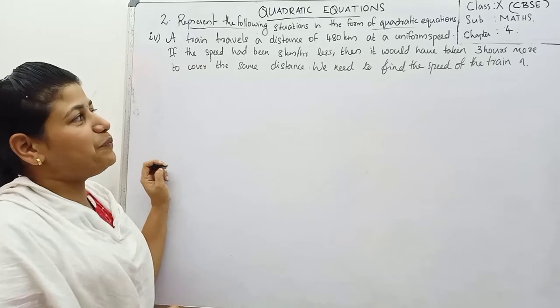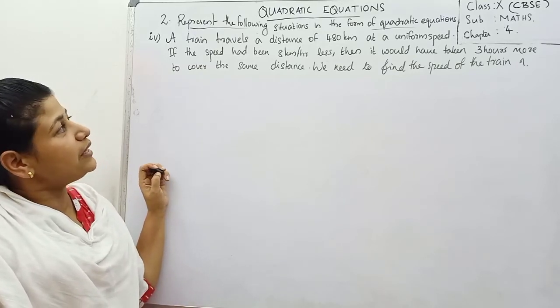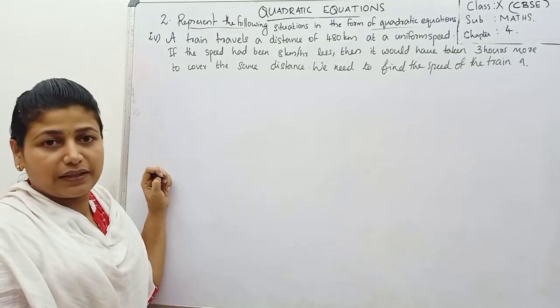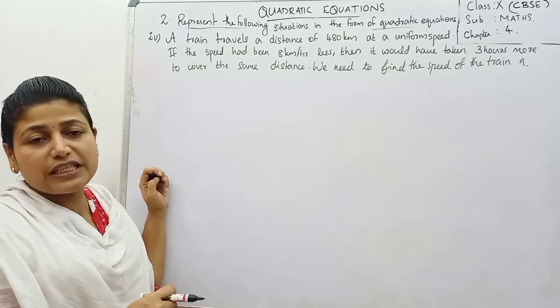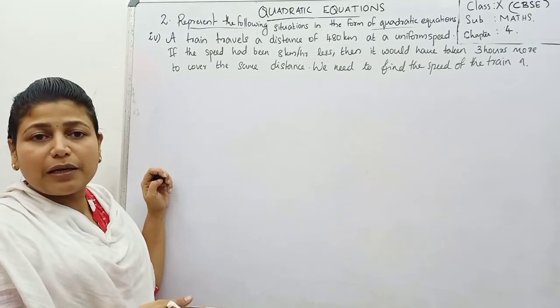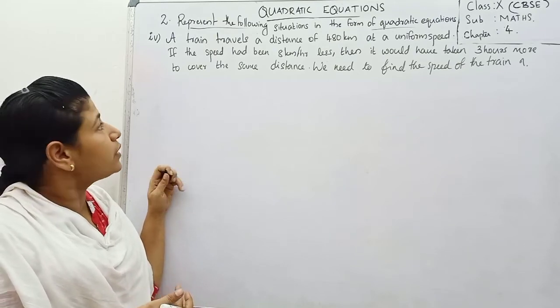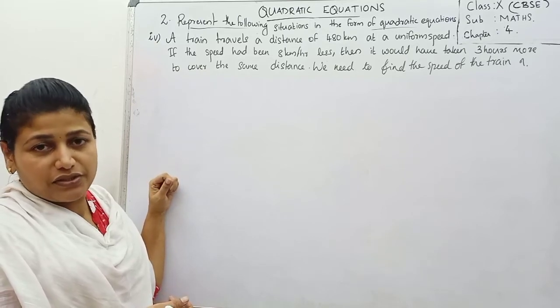If the speed had been 8 km per hour less, if the speed is reduced by 8 km per hour, then it would have taken 3 hours more. If the speed is less, we should take more time to travel, isn't it? We should need more time to cover the same distance. We need to find the speed of the train.